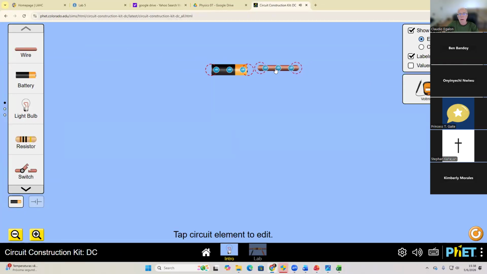Here you go. Wire. Here's my red cable. I'm going to put also a switch here so I can control the circuit. Okay, the red cable is going to go to my first resistor.